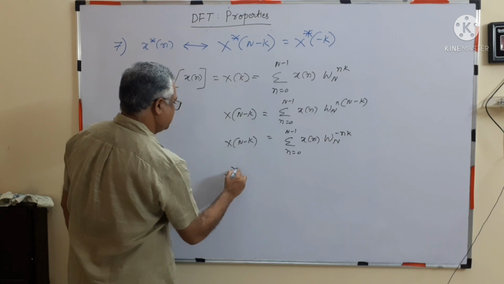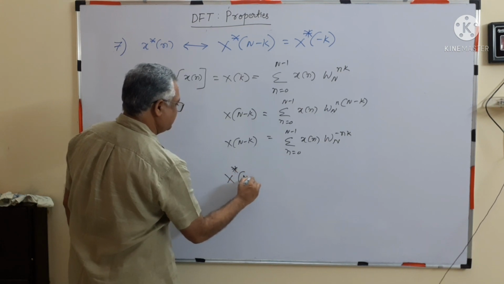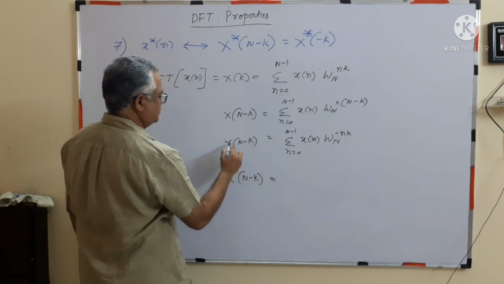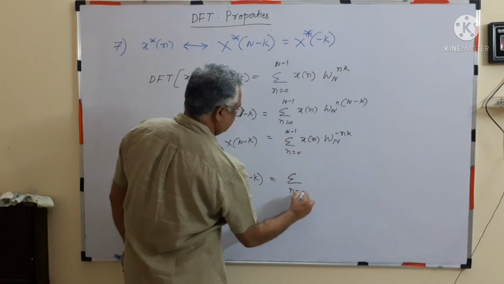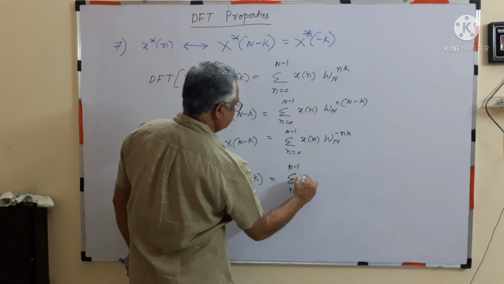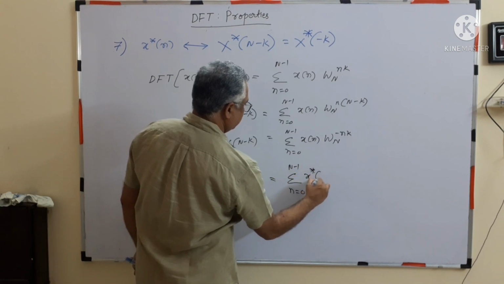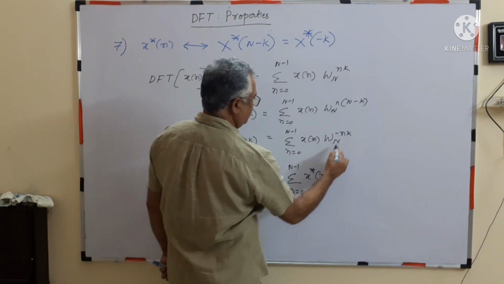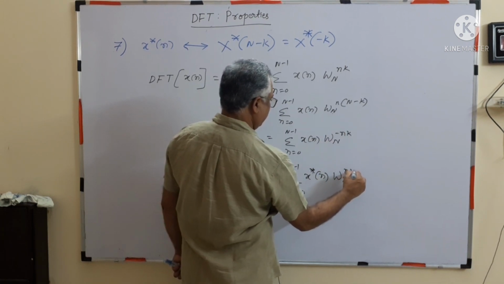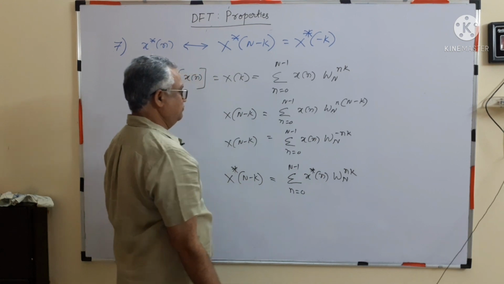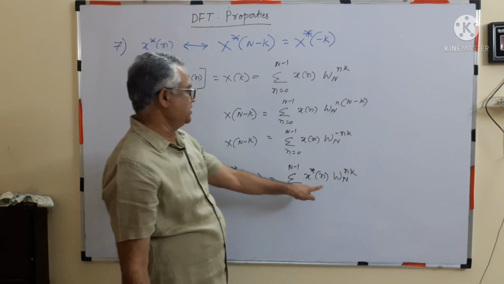Then what is X star of N minus k? When I take the complex conjugate, this side also we should take it: sigma 0 to N minus 1 of x star of n. What is the complex conjugate of this? W_N^nk. So X star of N minus k answer is this.